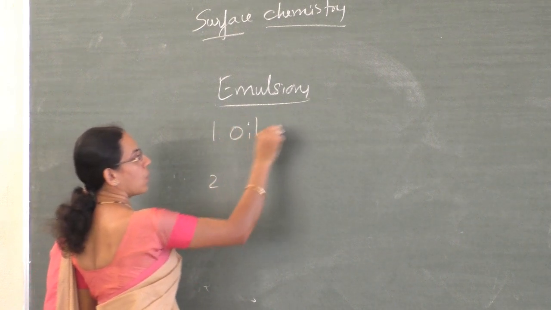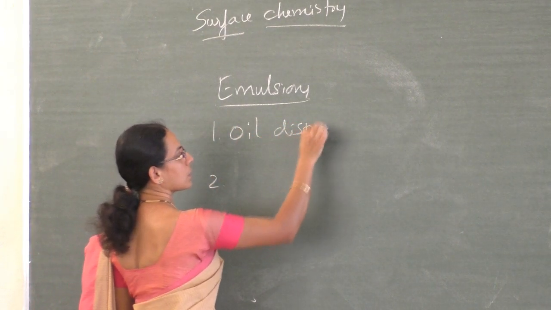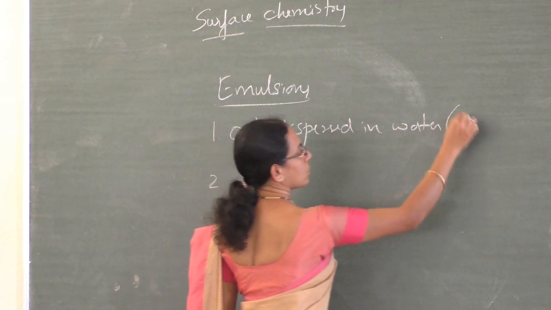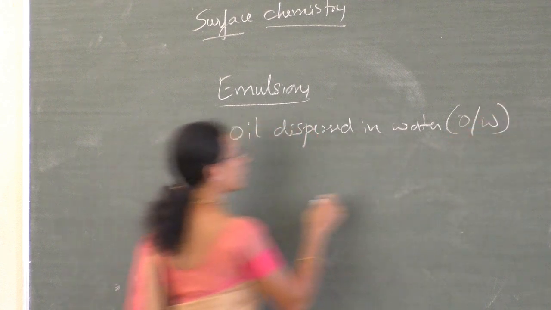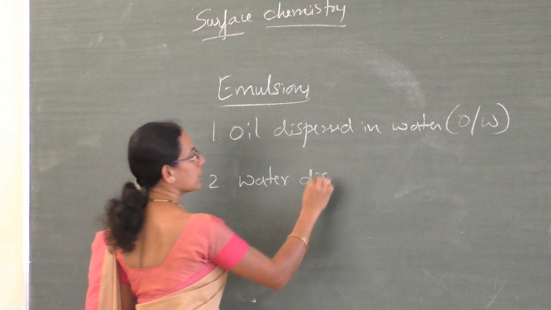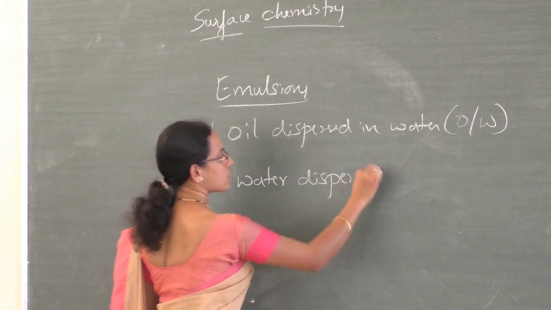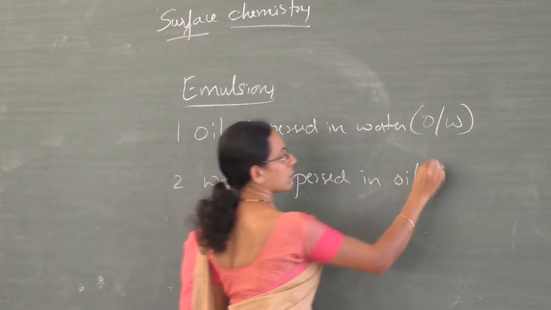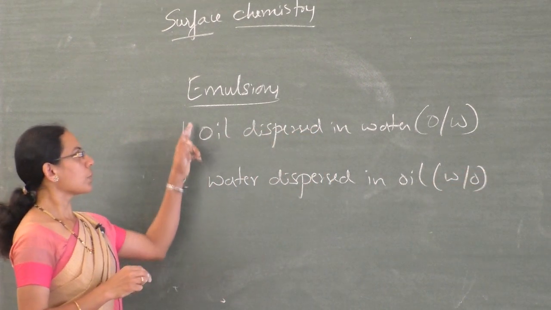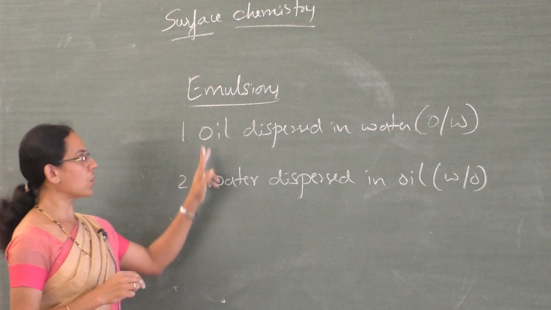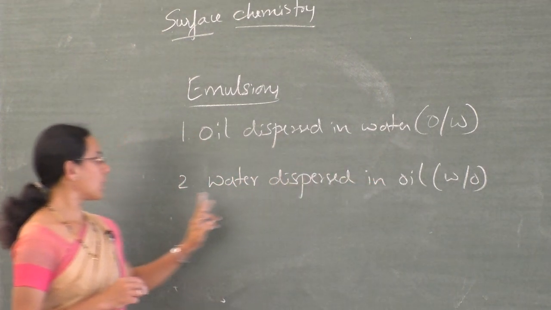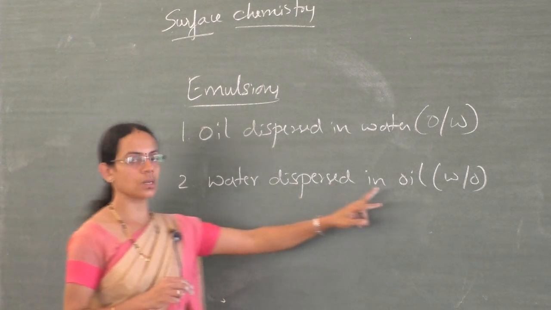First is oil dispersed in water, called oil in water type, and water dispersed in oil is the water in oil type. So emulsions are of two types: oil dispersed in water, and the second one is water dispersed in oil type.